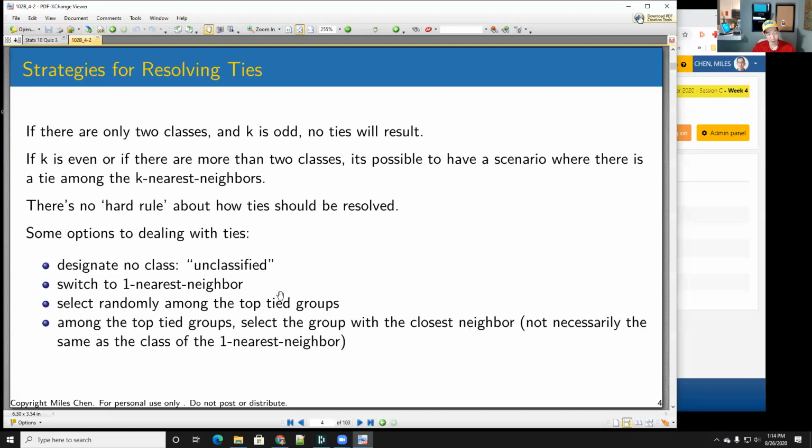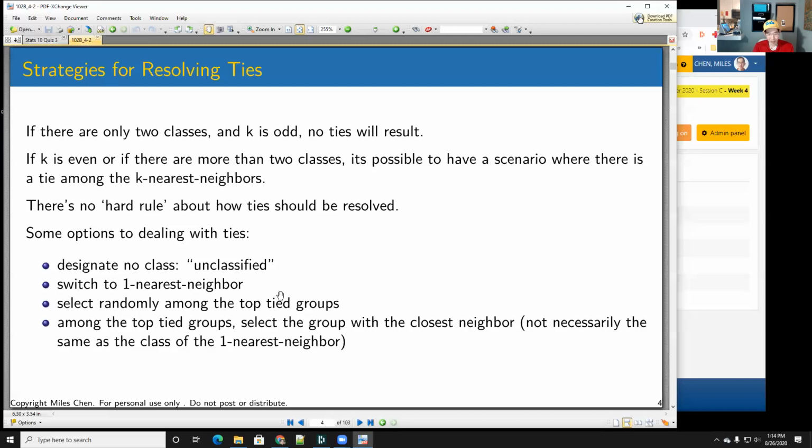If you use one nearest neighbor, it would be the closest observation, maybe that's class C. But you can say, as far as the ones that were tied, A and B are the closest, and then you pick the one with the nearest neighbor there. So these are different ideas that can be used for resolving ties.